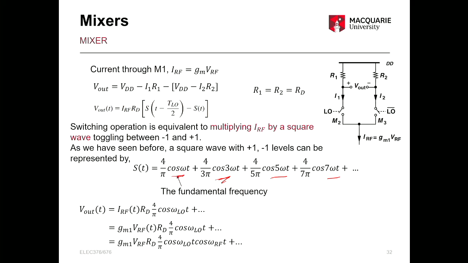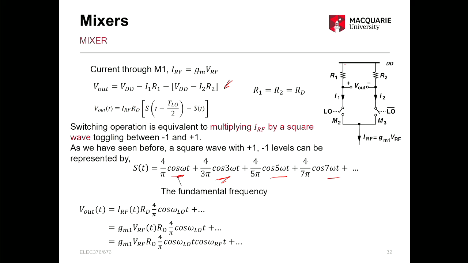And how do you find the output voltage? I told you the output voltage is our IF frequency, or the mixed frequency. This is the same as how we found the output voltage in all the BJT circuits and MOSFET circuits before.